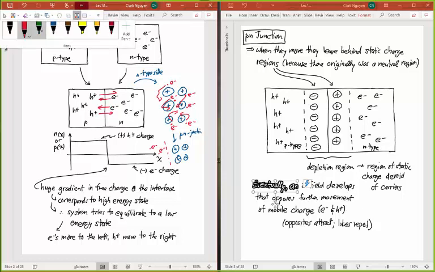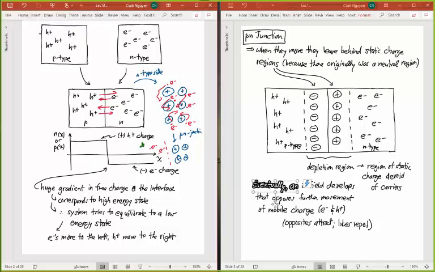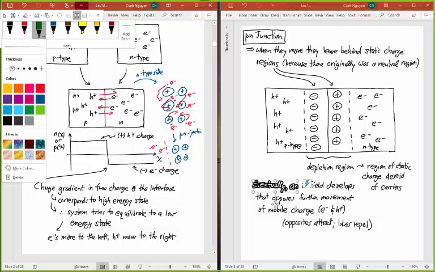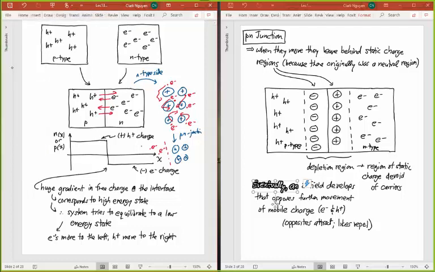So holes came in. And they combine with holes, basically. So those go to combine, and they cancel one another out on that side. So at least on the electron side, the n side, what happens is you're left with static positive charge.